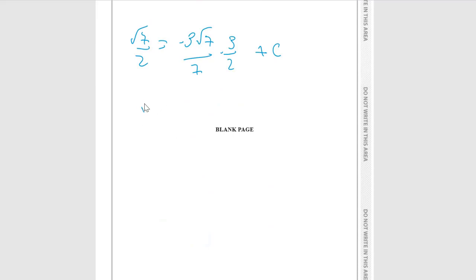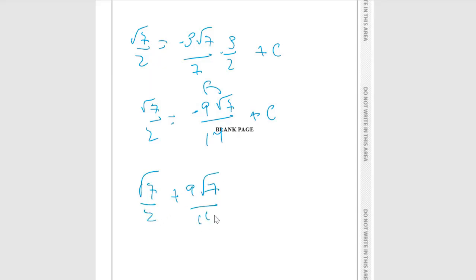So if we rearrange, square root of 7 over 2, we have minus 9 square root of 7 over 14, plus c. And then take this to the other side: square root of 7 over 2 plus 9 square root of 7 over 14 equals c.